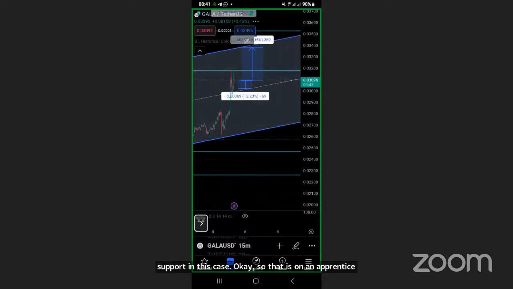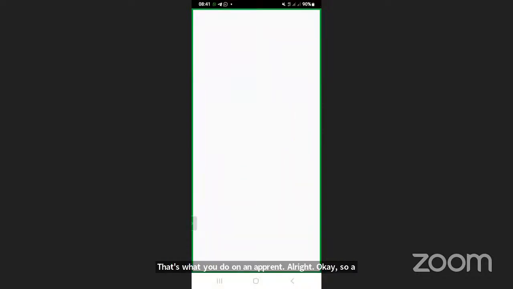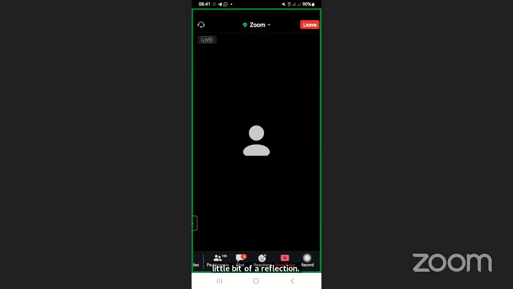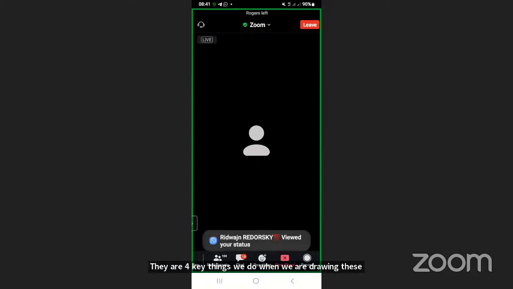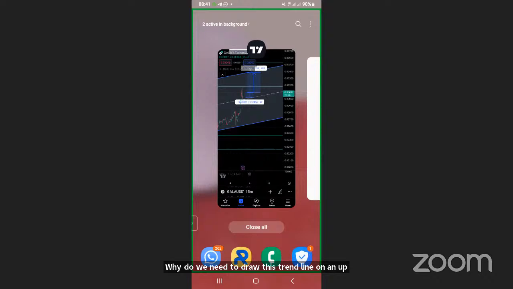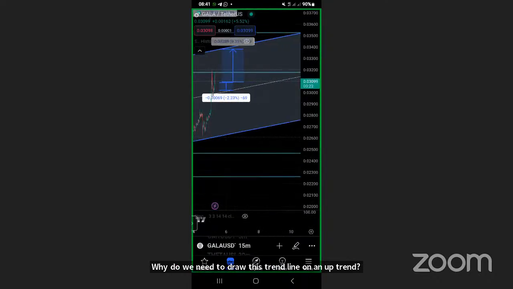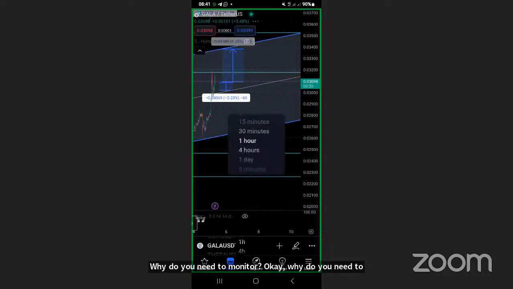All right. Okay, so a little bit of a reflection. There are 4 key things we do when we're drawing these trend lines on an uptrend. And majorly, if I may ask, what is the essence of drawing it on an uptrend? Possibly, maybe someone can type in the chat. Why do we need to draw this trend line, this support and resistance, on a given trend?